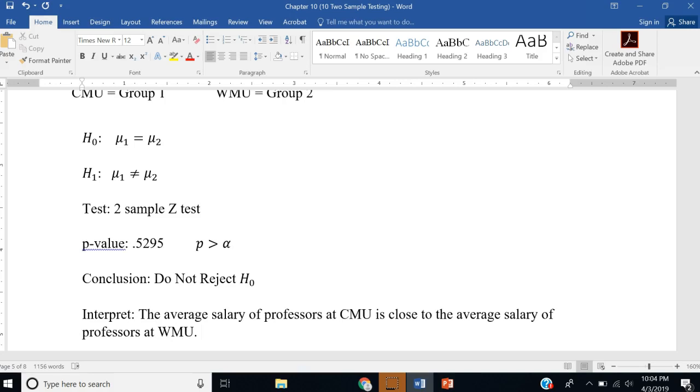Sorry, it takes a little bit long time to write, but that's what it is. Okay. So there you go. There's how to do the t-test, how to do the z-test.